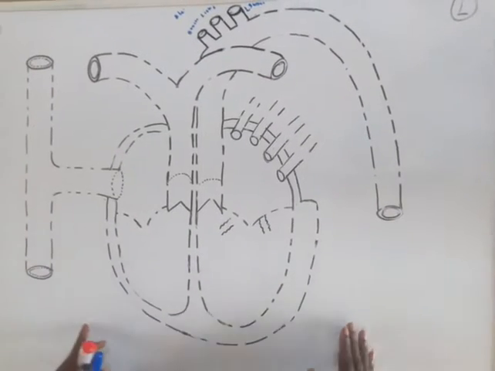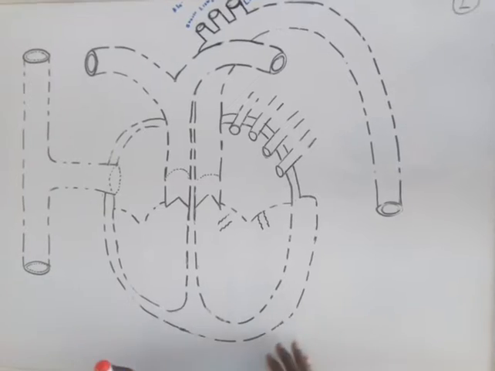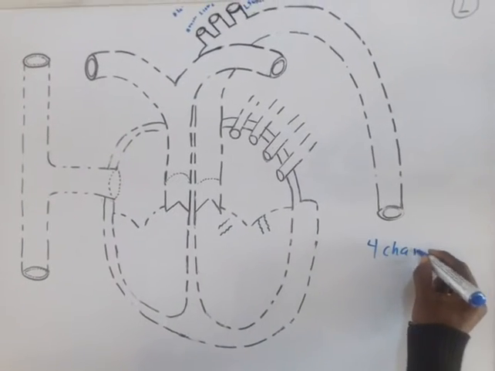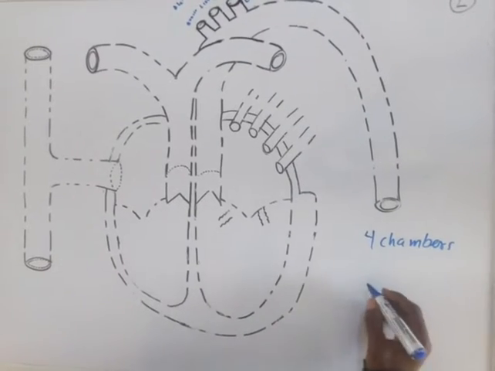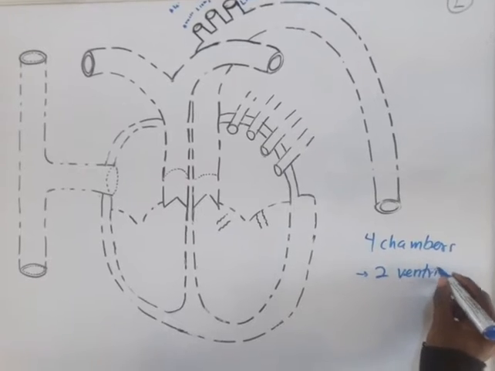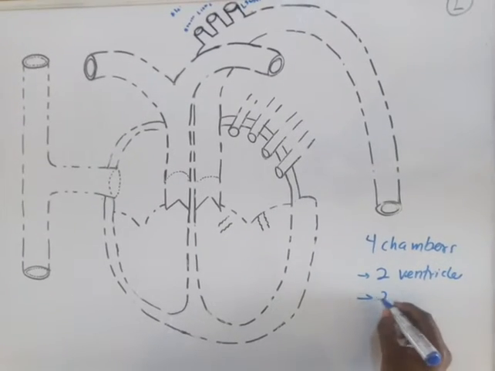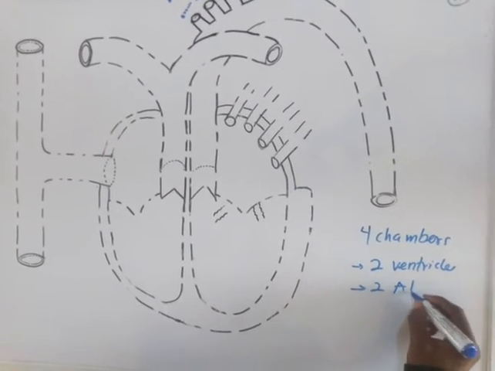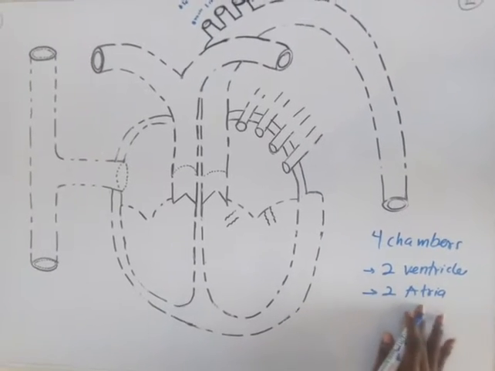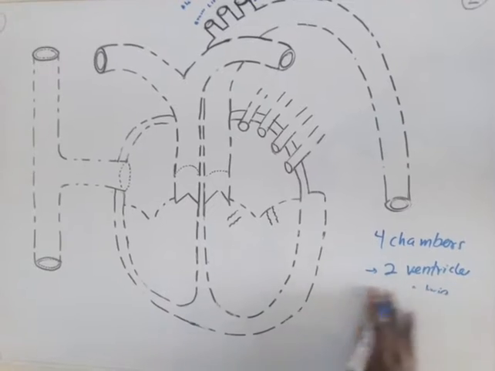Now, let's look at the structures of the heart. The heart has 4 chambers. There are 2 ventricles and 2 atria, the singular being atrium.